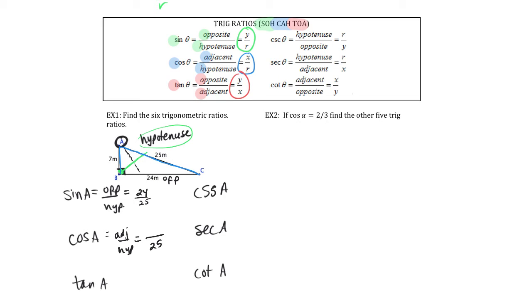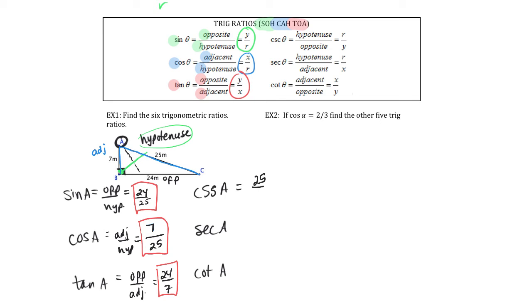One of them is the hypotenuse, the other one is considered the adjacent, so that is 7. There's my fraction for cosine, and then tangent is opposite over adjacent. Opposite is still 24, and adjacent is 7. Good. And then once we've gotten that done, we just need to write the reciprocals.